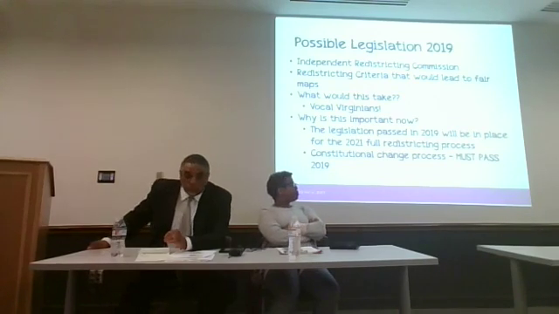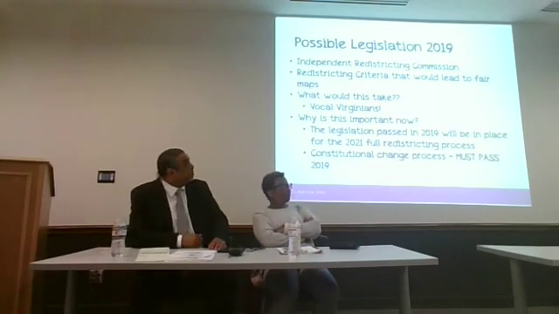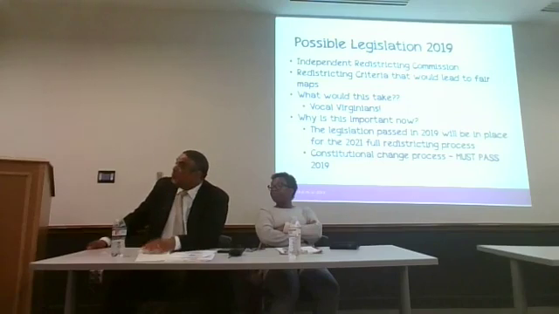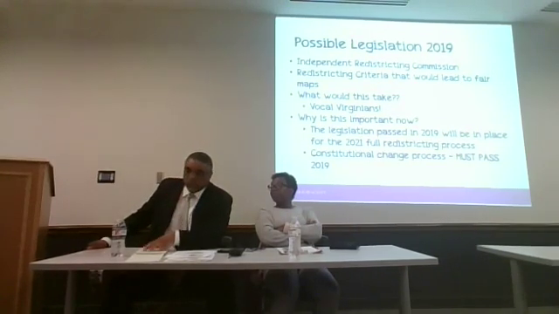So what will that take? It will take you. As was stated, the people that want the reform do not have the majority in the current composition of the General Assembly. But guess what 2019 also is? Election year. Things change during election year when 300 Virginians descend on the Capitol and say, we want redistricting reform.